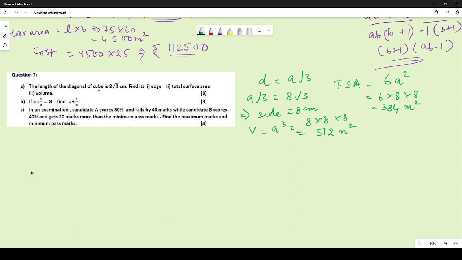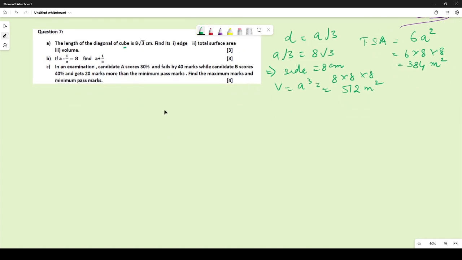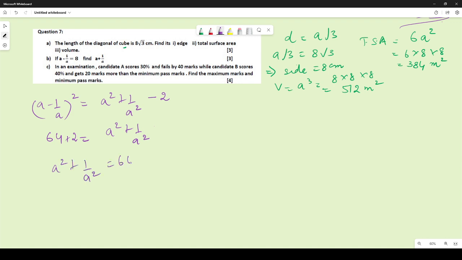Now, a minus 1 by a is equal to 8. Find a plus 1 by a. A minus 1 by a whole square is equal to a square plus 1 by a square minus 2, right? तो यहाँ क्या है 8. 64 is equal to a square plus 1 by a square minus 2. ये 2 यहाँ आ जाएगा, तो ये आ गया a square plus 1 by a square is equal to 66.